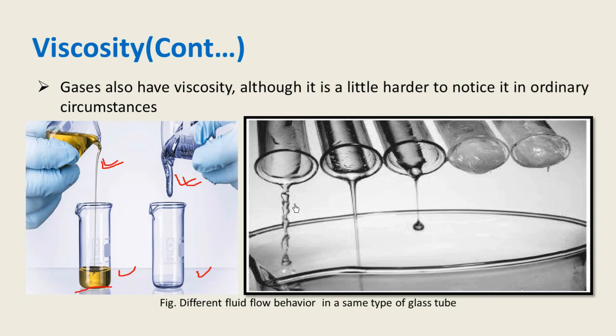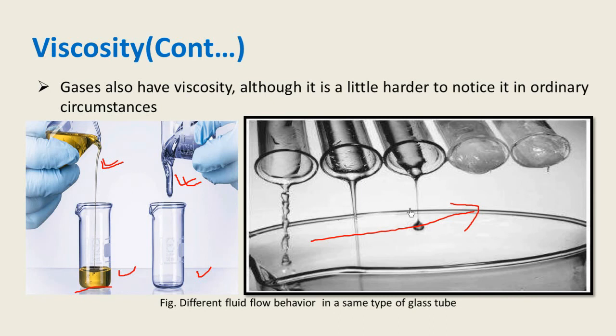So in the second figure you can see here, this is the order of increase in viscosity. If the viscosity is low, the fluid can flow very easily, which means it has a higher velocity. In the second case, fluid is also flowing, but very slowly, and that means there is some viscosity, but the viscosity is more here compared to the first case.